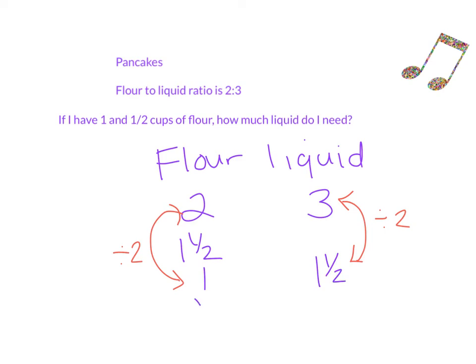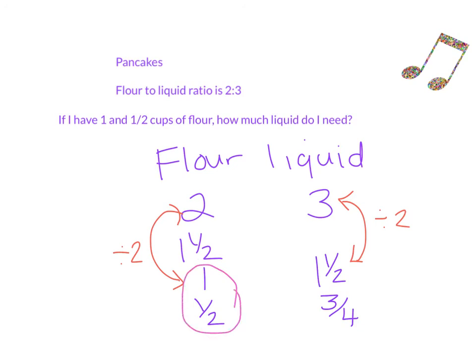Then I could say if I want half a cup of flour, I'm halving it again. What's half of 1.5? Do we know? It's 3/4. So for 1 cup of flour, I need 1.5 cups of liquid. For half a cup of flour, I need 3/4 of a cup of liquid.